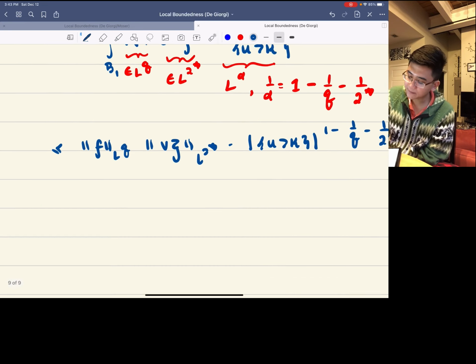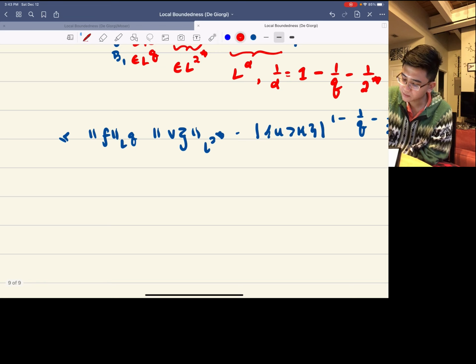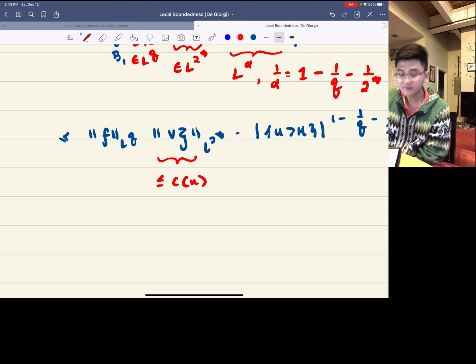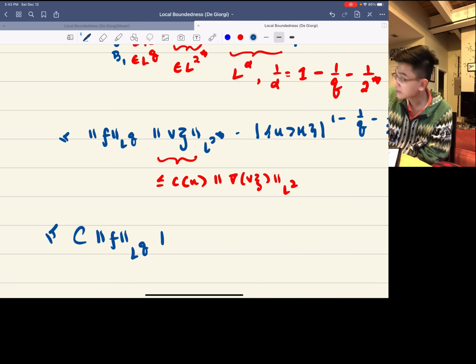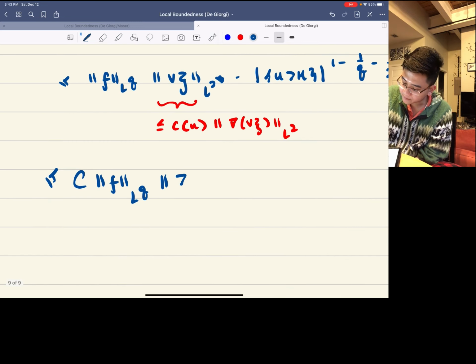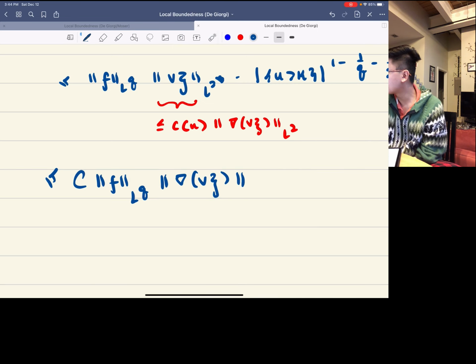Then we apply the Sobolev inequality, which says this is less than or equal to some constant c dependent on n times the L2 norm of grad of v zeta. And this is less than or equal to some constant times the LQ norm of f times the L2 norm of grad v zeta times this one.